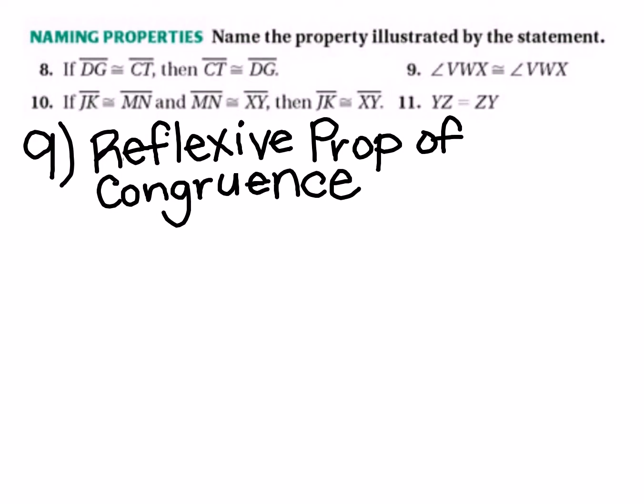If we interchange the way the letters are positioned, it is still the same segment. So this one again is a little tricky, but this will be the reflexive property of equality. And I'm going to abbreviate on this one.